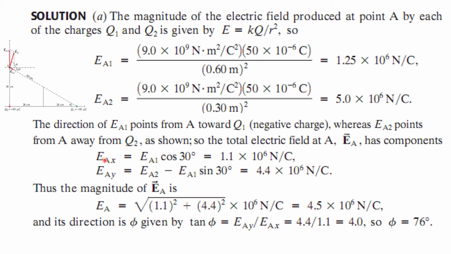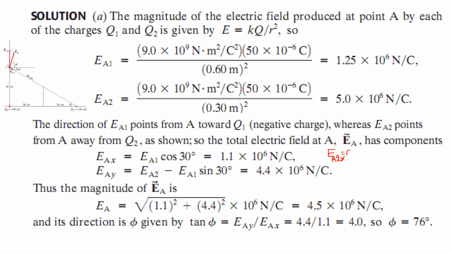The X component of the total electric field on point A is equal to the X component of electric field due to charge 1, which is equal to electric field EA1 times cosine of 30 degrees. We have seen that the X component of electric field on point A due to charge 2 is equal to the magnitude along X axis.